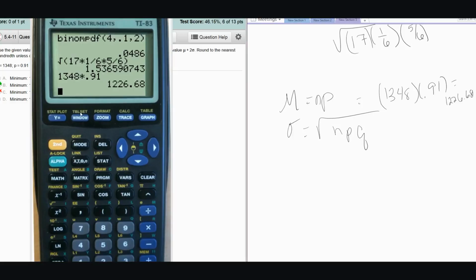And then for the square root, sorry, the standard deviation, we'd have the square root of 1348 times 0.91, and then 1 minus 0.91 would be 0.09.